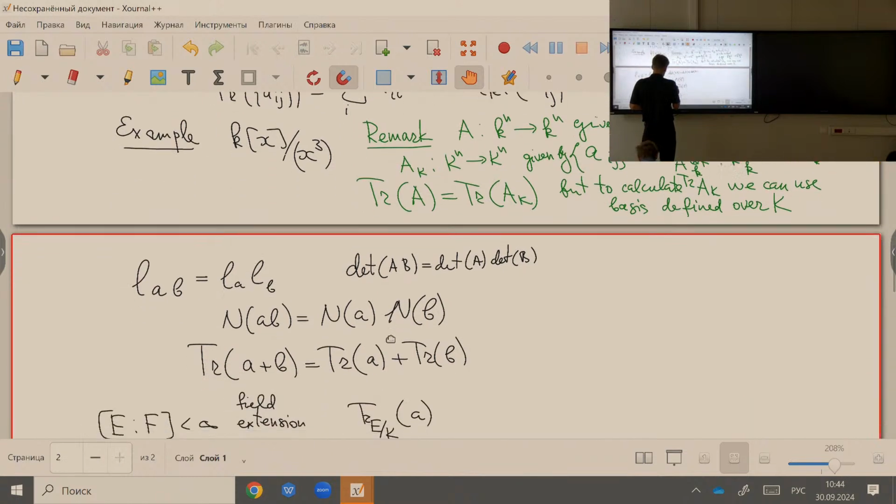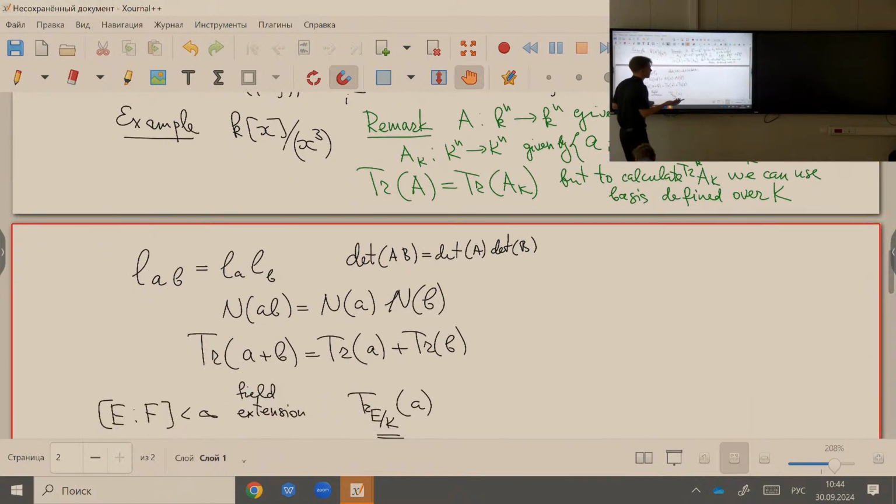Of course, I didn't say it explicitly, but I hope everybody knows that the trace, however it is written in the basis, the value itself doesn't depend on the basis.